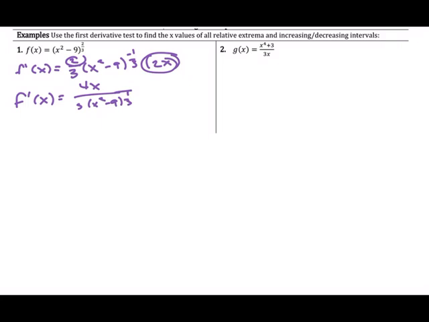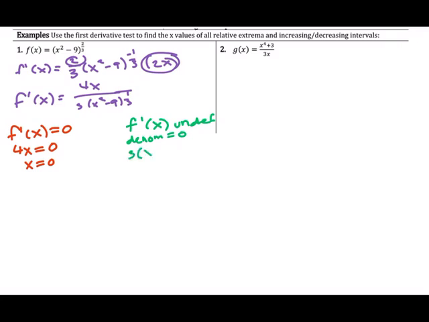Because now I want to know two things. I want to know where my derivative is equal to 0, and I want to know where my derivative is undefined. Well, what makes a fraction 0? When the numerator is 0. So the derivative is 0 when 4x is 0, which means the derivative is 0 when x is equal to 0. Similarly, the derivative is undefined when the denominator equals 0.